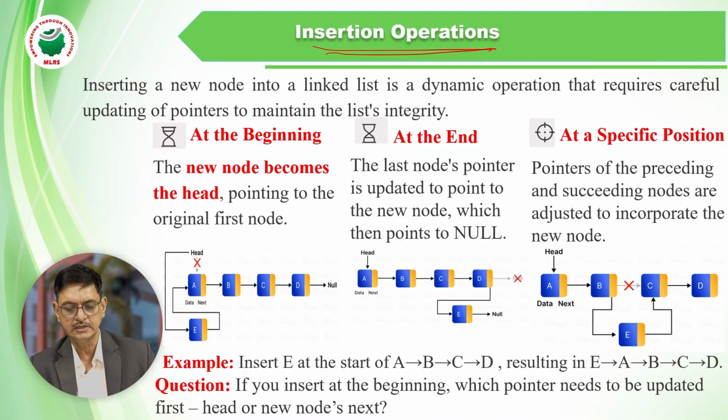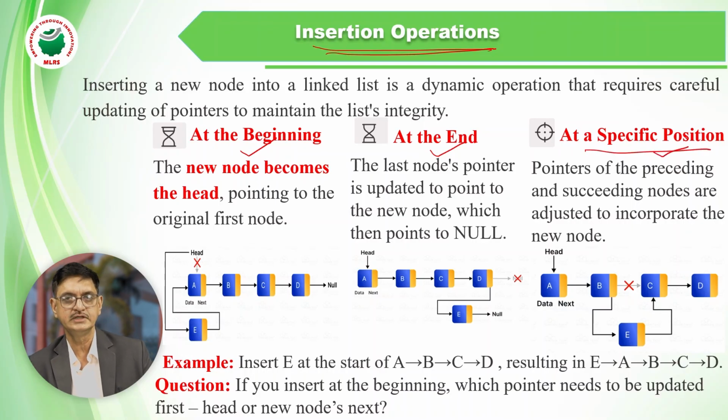But in a linked list, we have to insert elements in a systematic way. We have three different types of insertion operations. The element can be inserted at the beginning of the linked list, or we can insert nodes at the end of the linked list, or we can insert any element at any specific location in the linked list.